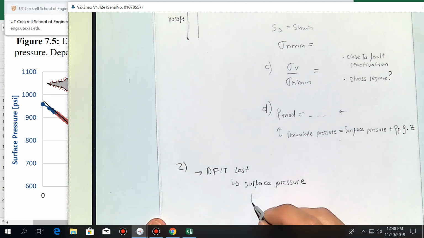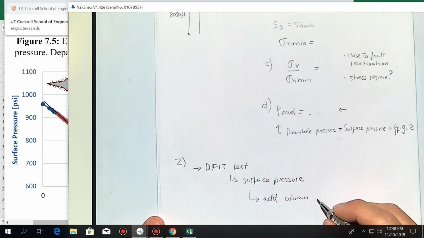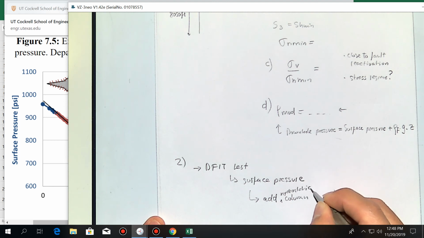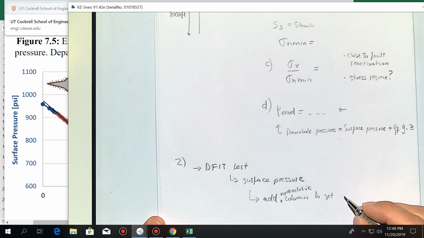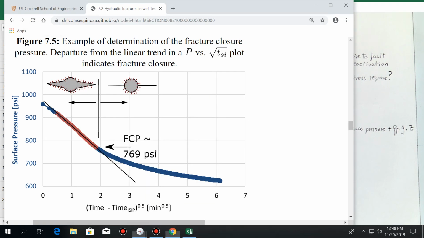So I'm just going to write it so you remember. You're going to have to add that value in order to get, again, that minimum principal stress.